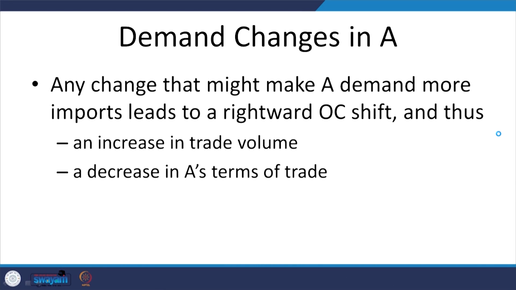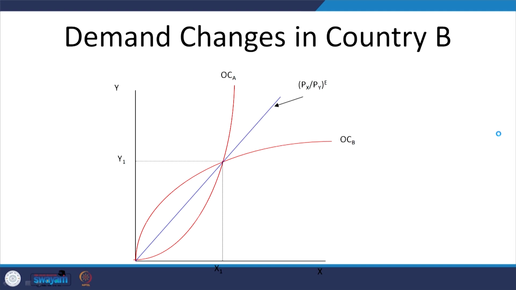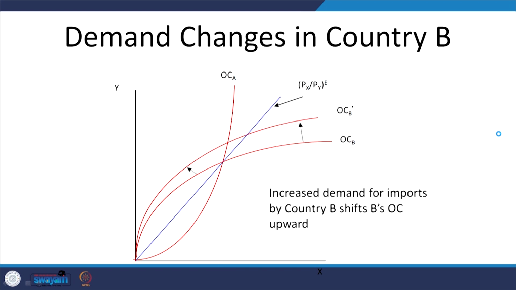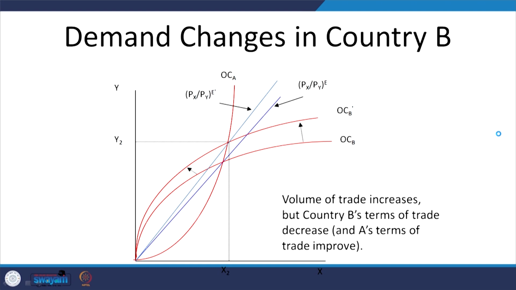When demand changes, there are shifts in the terms of trade as well as in the offer curves. So, what is ultimately reached is an equilibrium point. Similarly, for country B, increased demand for imports by country B shifts country B's offer curve upward. The higher the import demand, the more the offer curve shifts upward, and vice versa.